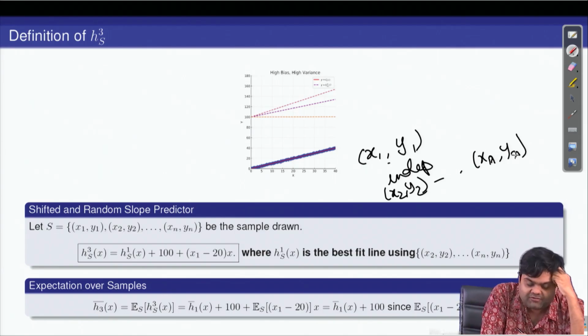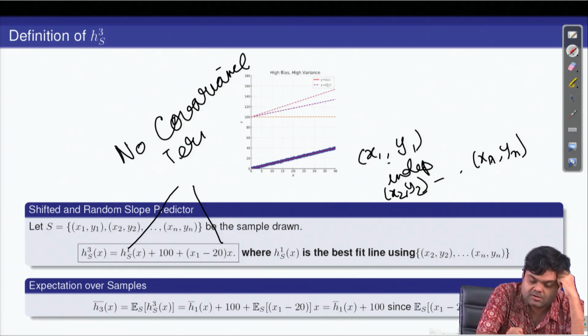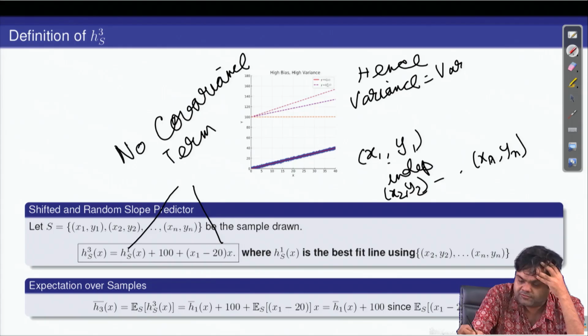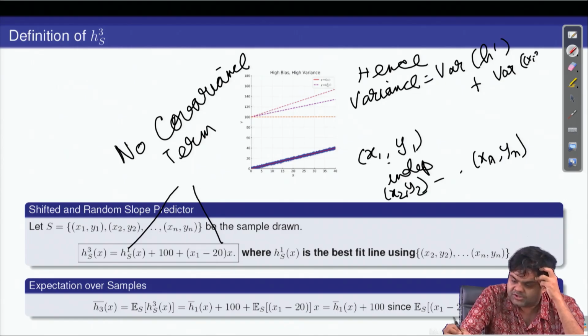So when you are taking a variance, there is no covariance between these two, no covariance term. Hence the variance will come from the variance of h1 plus the variance of x1 minus 20 times x.